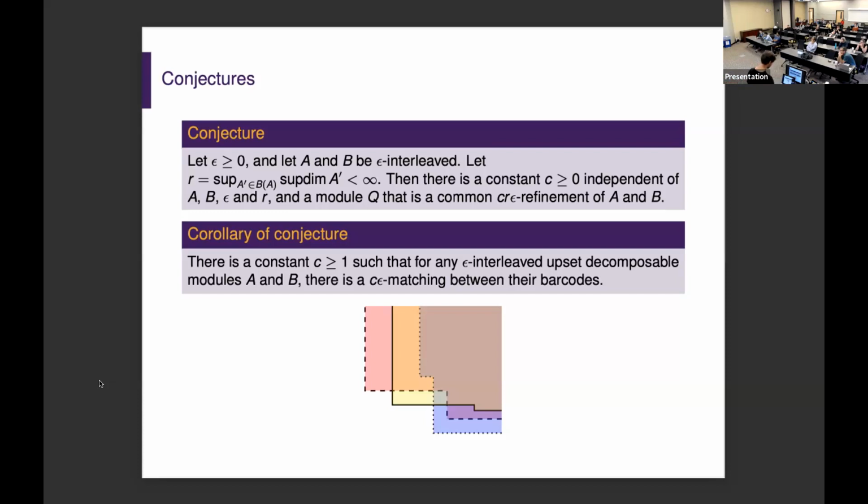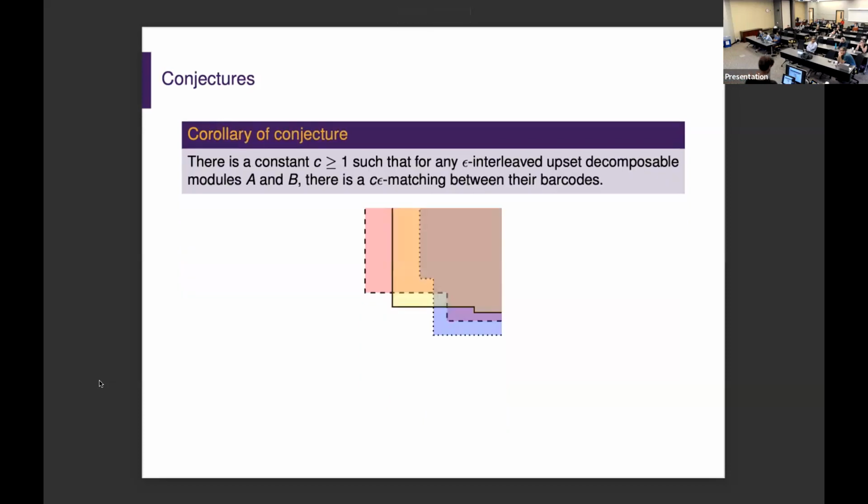And this case is interesting to me for a couple of reasons. One is some previous work I've done on the complexity of computing or approximating the interleaving distance. So I showed together with Magnus Botnan and Michael Kerber that approximating the interleaving distance up to a constant of less than 3 is NP hard.